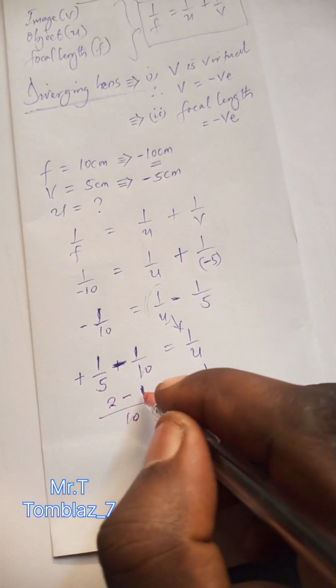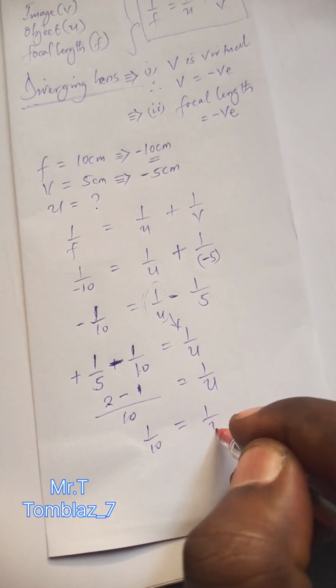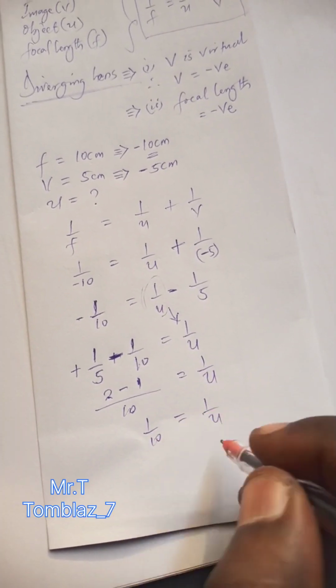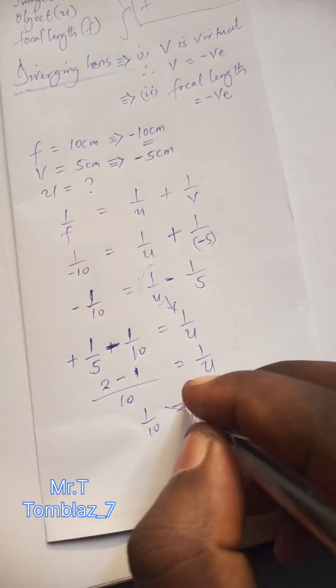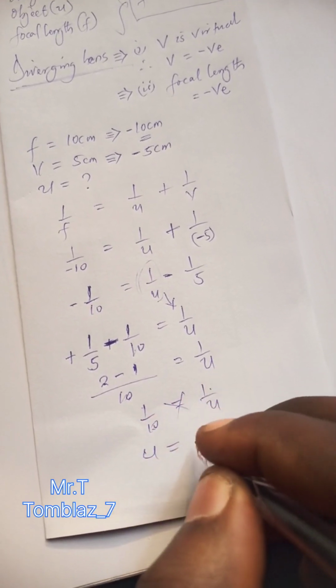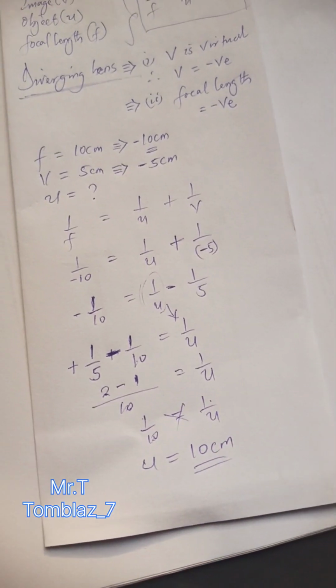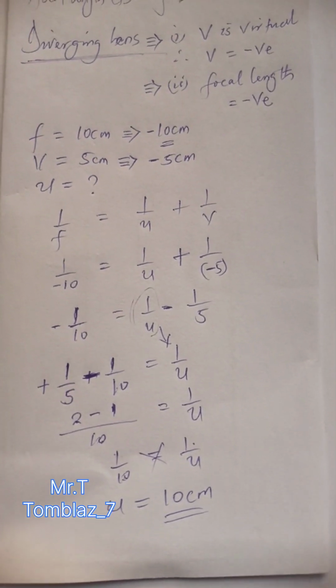So 2 minus 1 is going to give you 1 over 10, and it's equal to 1 over U. Since this side and this side are both fractions of 1 over, you can cross multiply. This times this will give you U, this times this will give you 10, so we have 10 centimeters.